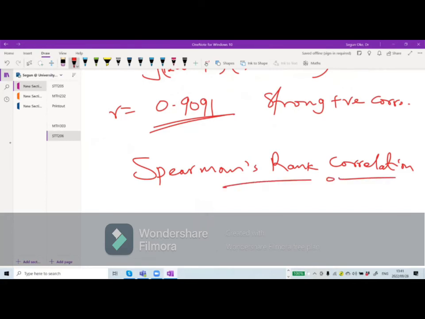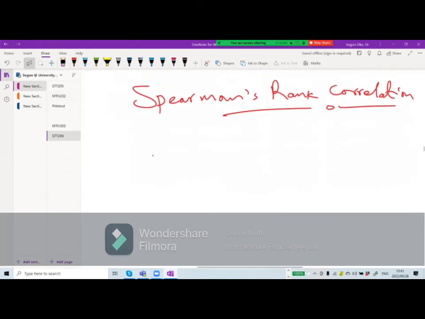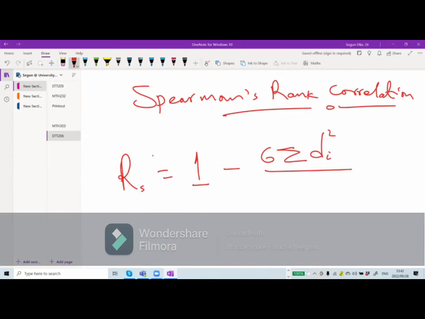The formula is, you can call it Spearman rank, S equals, or you call it capital R. It depends. 1 minus 6 summation d squared, let me use small d, all squared, divided by n in brackets, n squared minus 1.